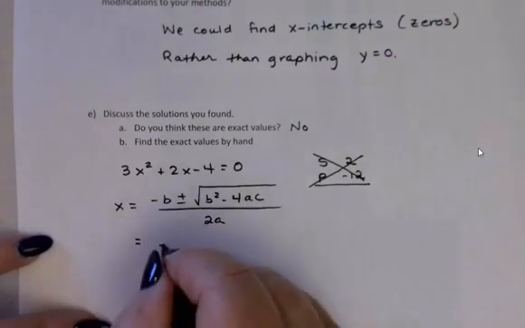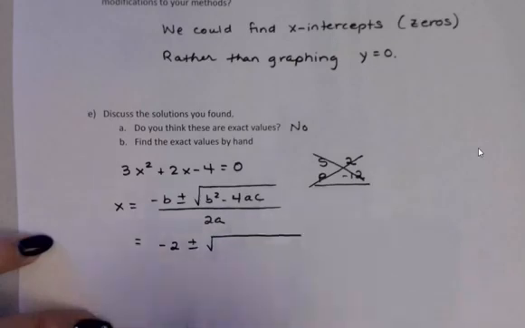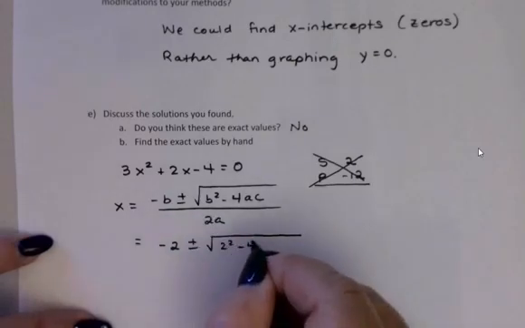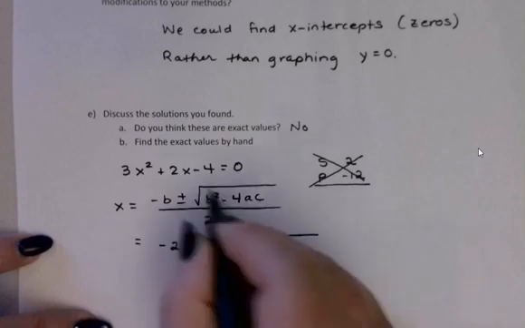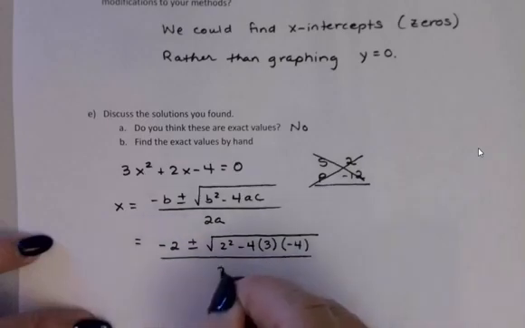So let's see, I would have a -2 plus or minus the square root of 2 squared minus 4 times 3 times -4, over 2 times 3.